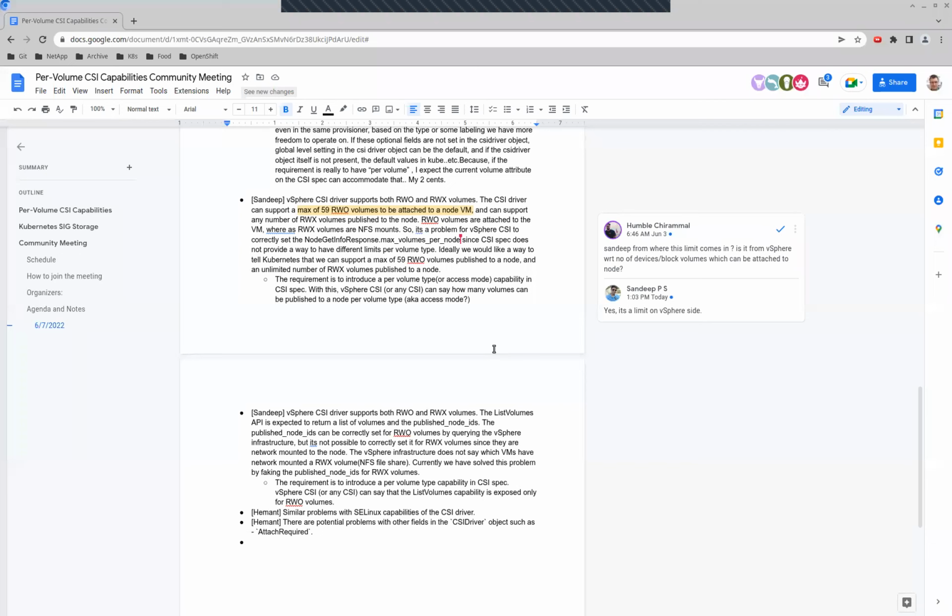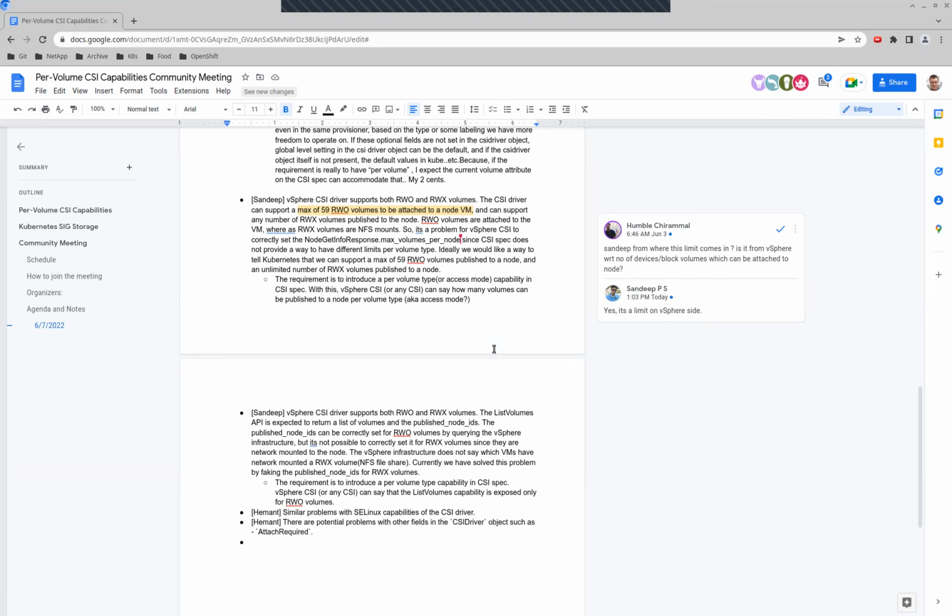So there's one more downside to what Saad was just suggesting and to Michelle's proposal, which is if you do go down the multiple CSI drivers path, then any given storage class can only map to one of those drivers, right? Today, you can have a single storage class that is your default storage class that can cover both all your iSCSI use cases and your NFS use cases, just based on whatever the access mode or the volume mode or other things that get passed in when you create a volume.